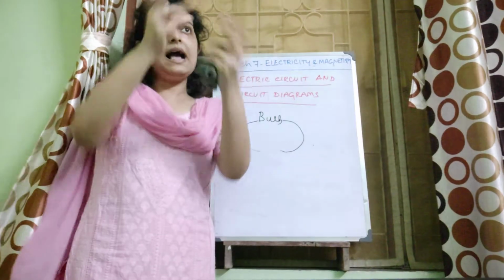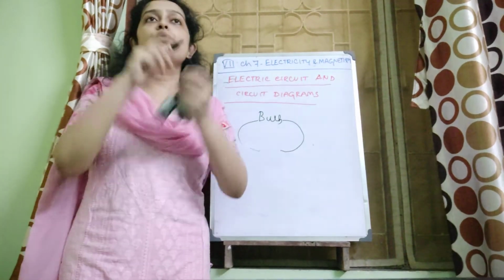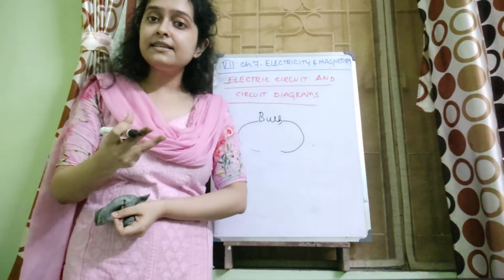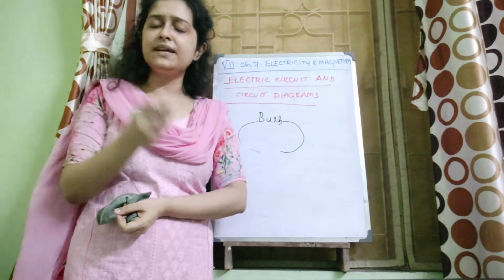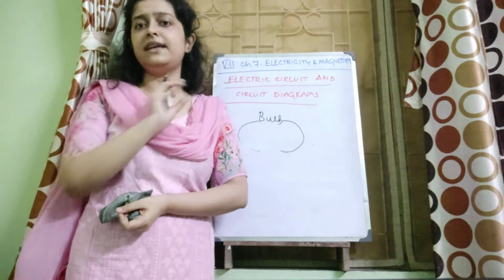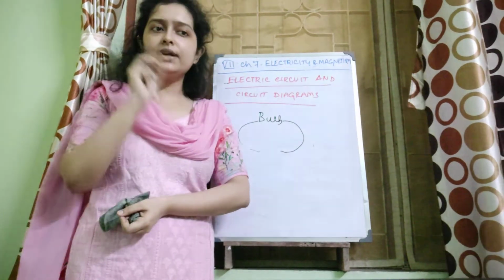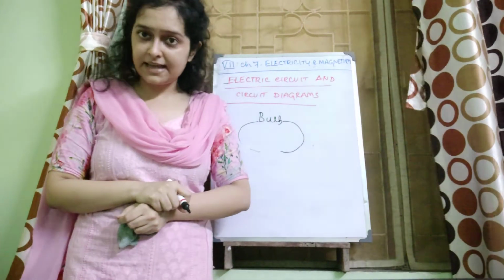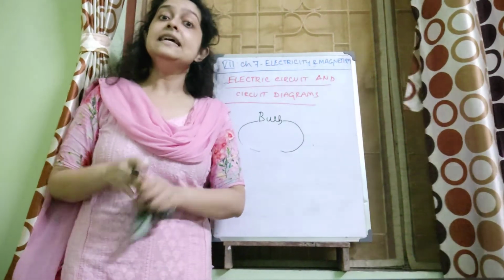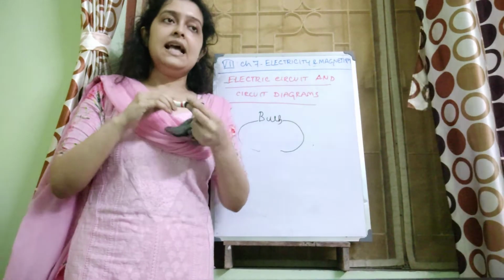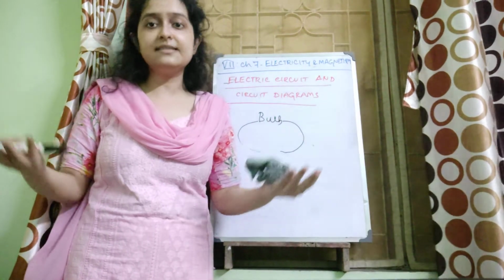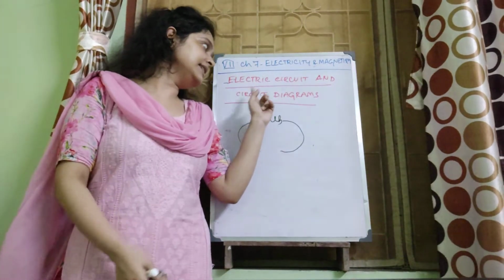So when we draw electrical circuits, we represent the different components with the help of certain symbols. And the symbolic representation of the electrical circuit is nothing but the circuit diagram.